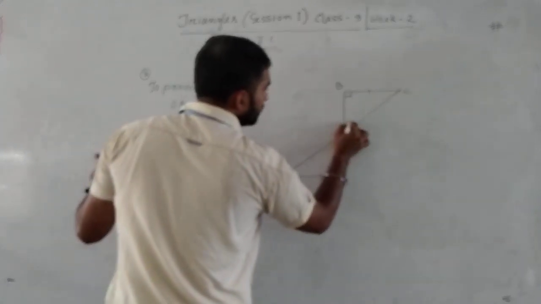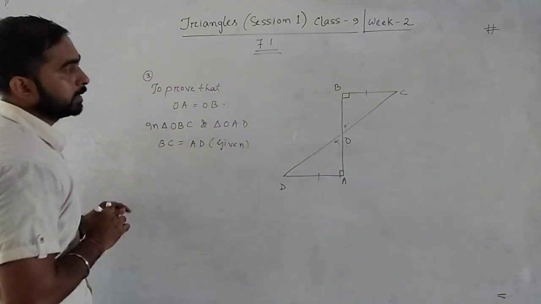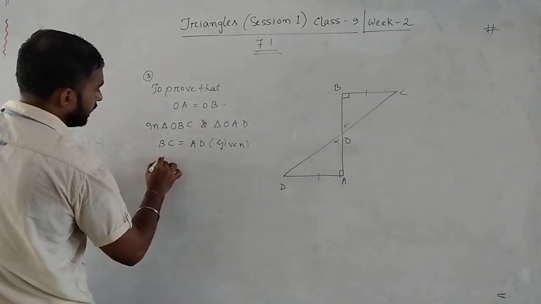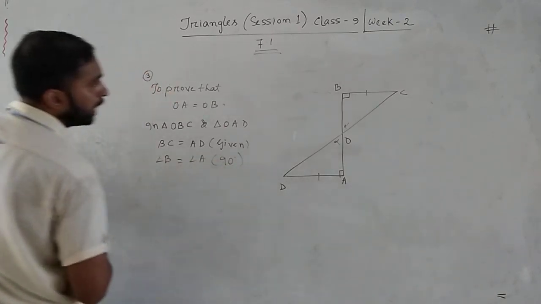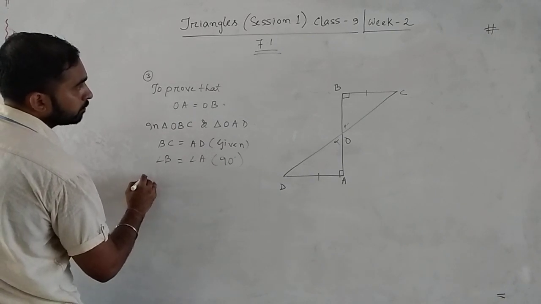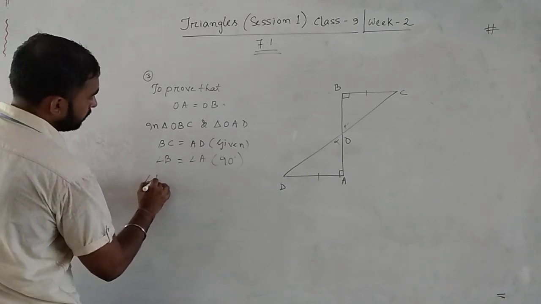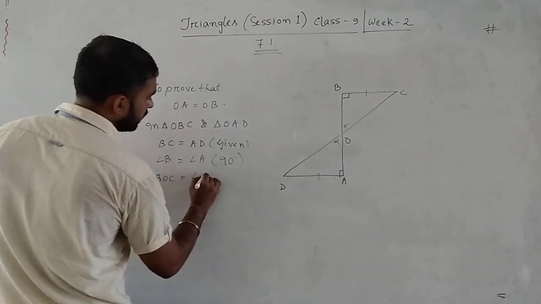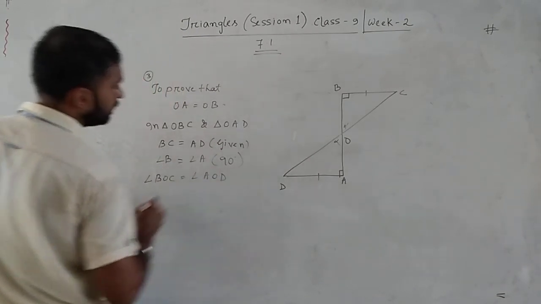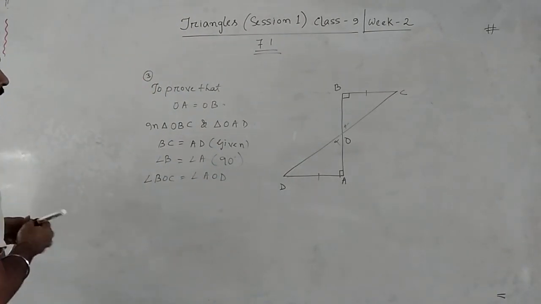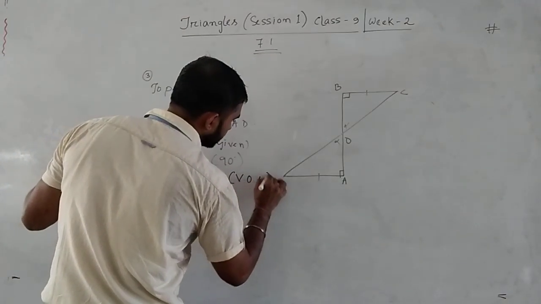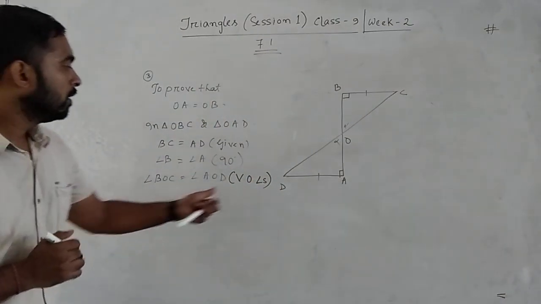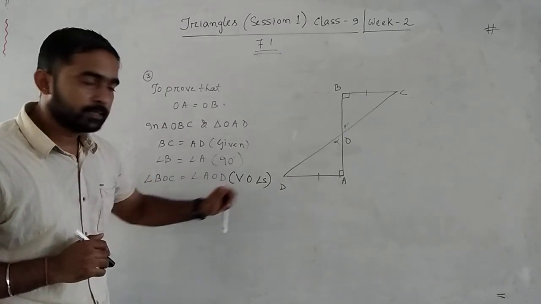Then secondly, angle B equal to angle A, both are 90 degree, and then angle BOC equal angle AOD. They are vertically opposite angles.